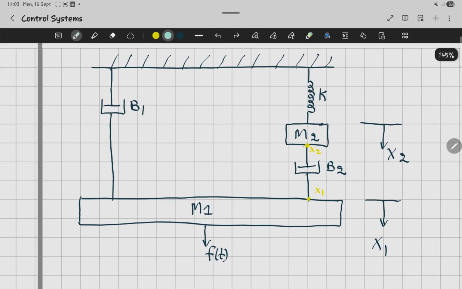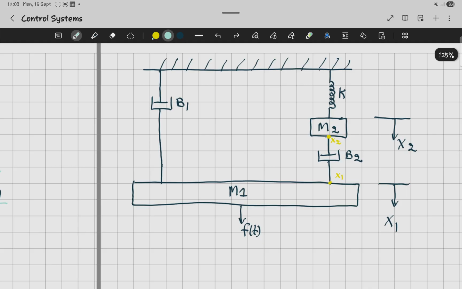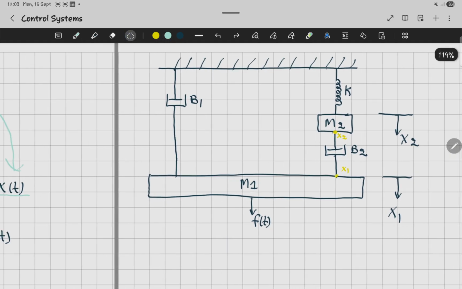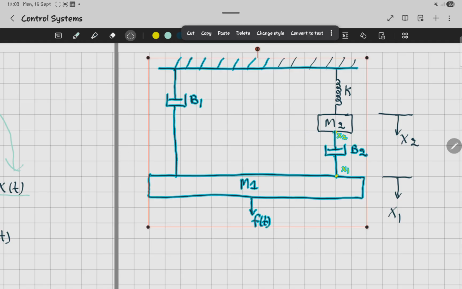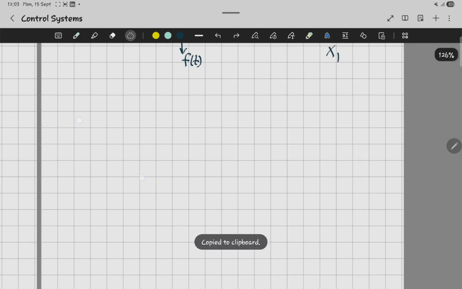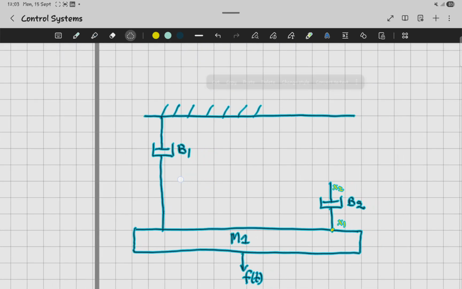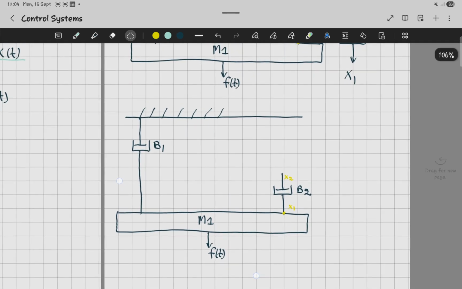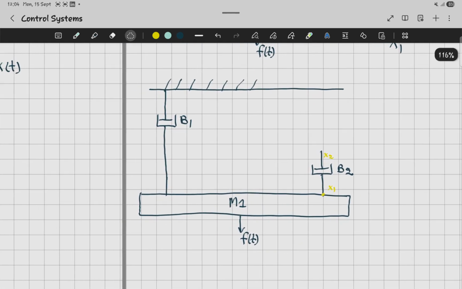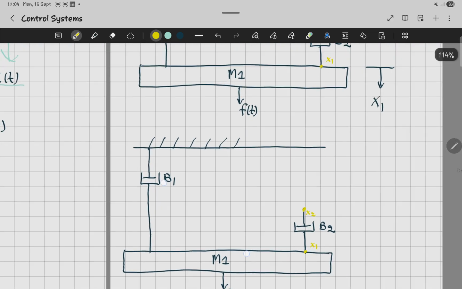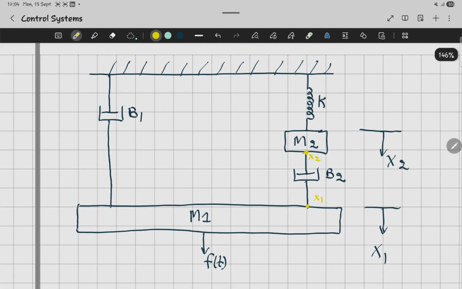Now I'm going to separate them. We actually have two blocks. So let me just see, maybe something like this for mass 1. This is what we're gonna get on mass 1, and on mass 2 we'll take everything here.